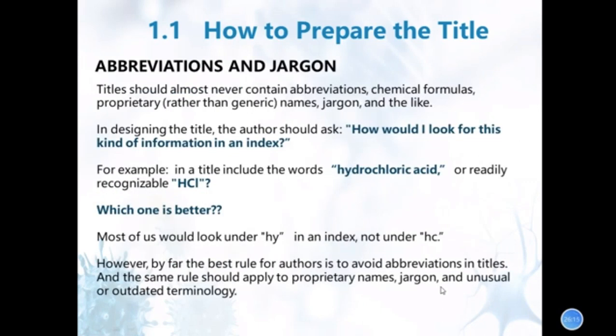We also should pay attention to abbreviations and jargon. Titles should almost never contain abbreviations, chemical formulas, proprietary names, jargon, and the like. In designing the title, the author should ask, how would I look for this kind of information in an index?